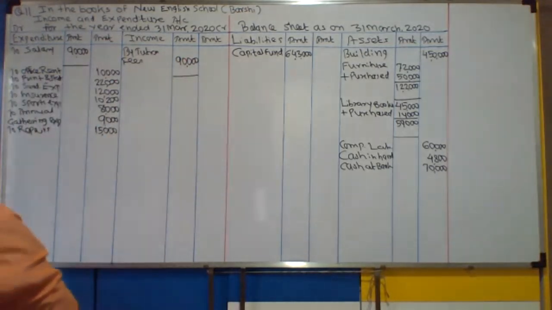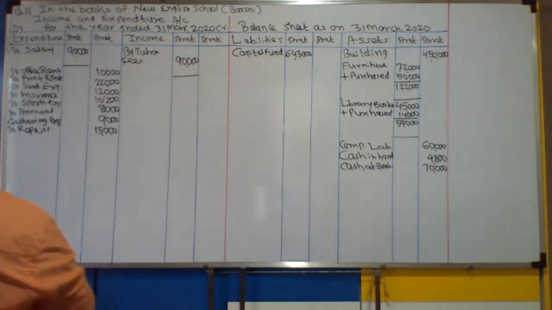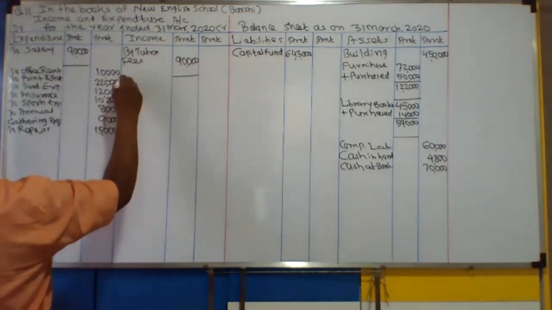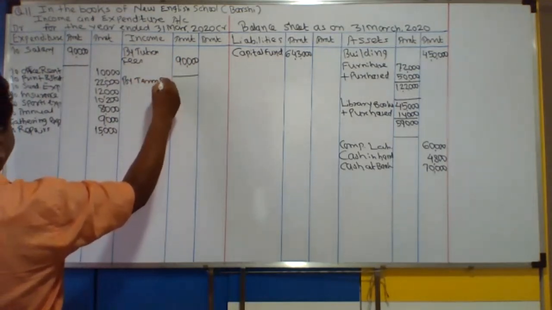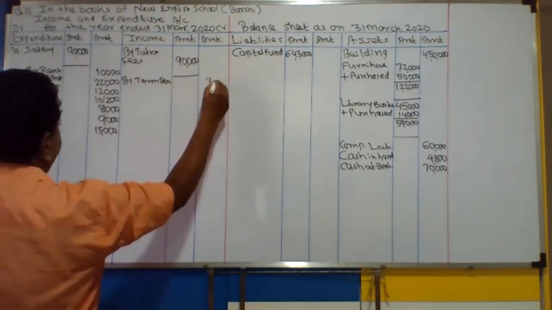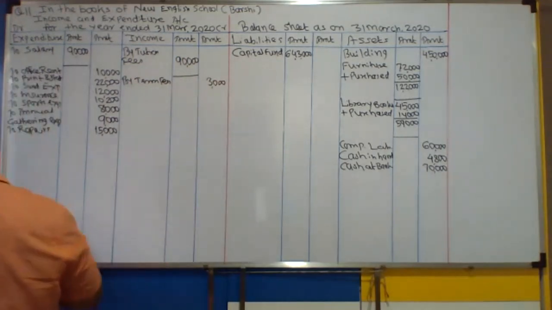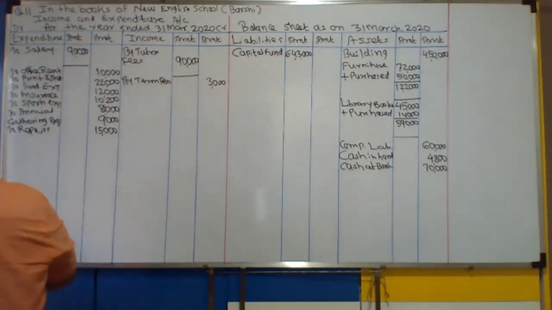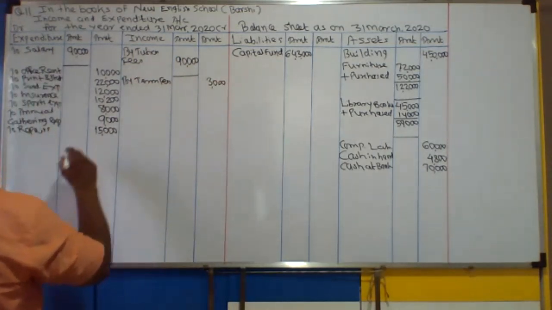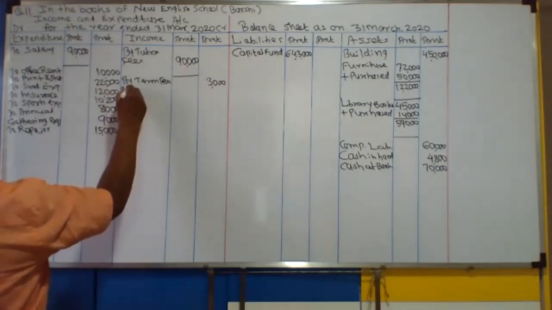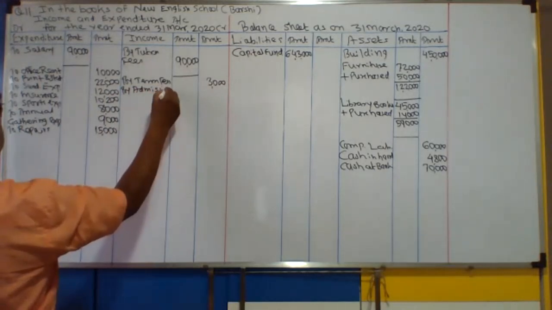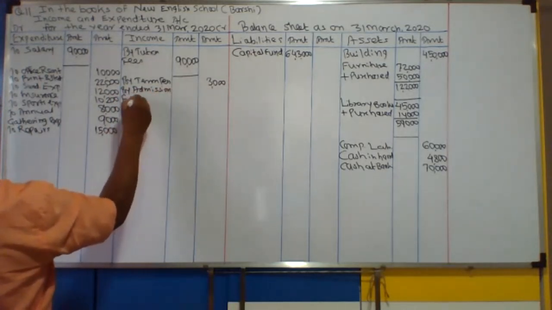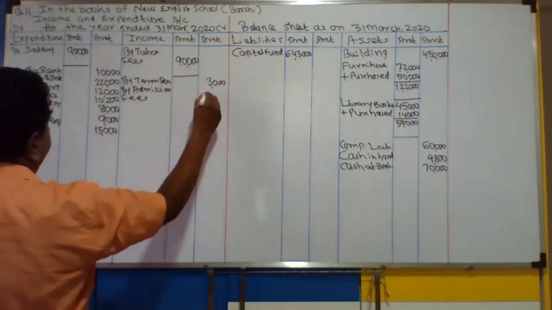Then the other income, term fees are 3,000. By term fees, 3,000. Then admission fees are 12,000. Admission fees, 12,000.